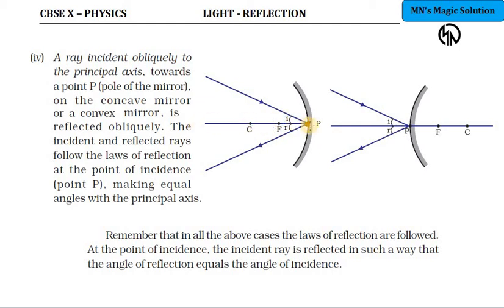The principal axis at that point is the line which is passing through the center of curvature. Therefore, this becomes the normal. With the normal and the incident ray, this becomes the angle of incidence. Same way, this is the reflected ray, this becomes the angle of reflection, and we have the angle of incidence equal to the angle of reflection. So, these are the total 4 rules and the same 4 rules are applicable for convex surfaces as well.